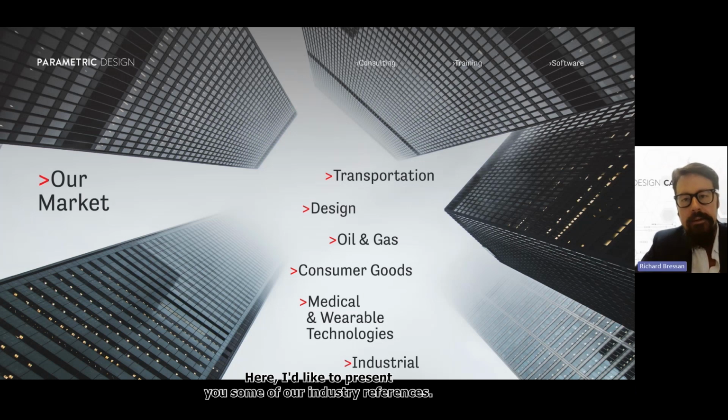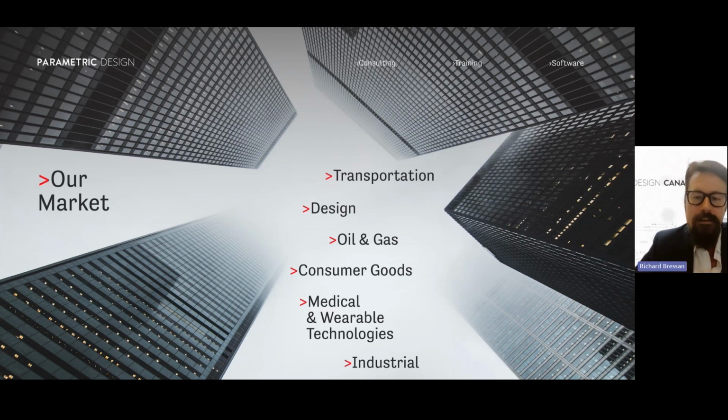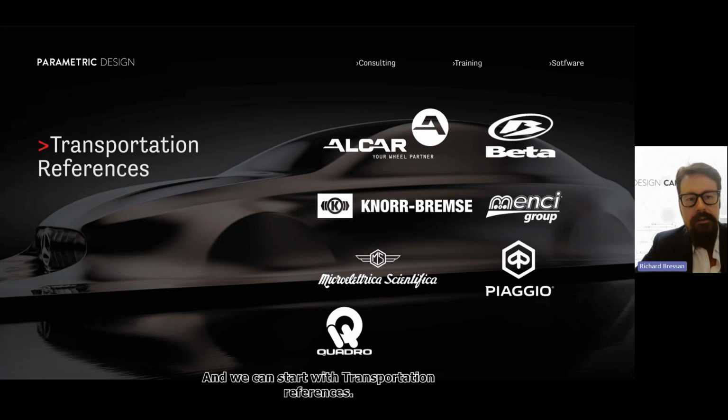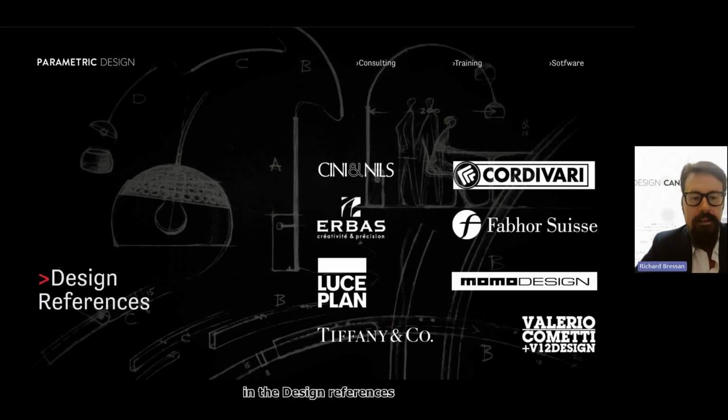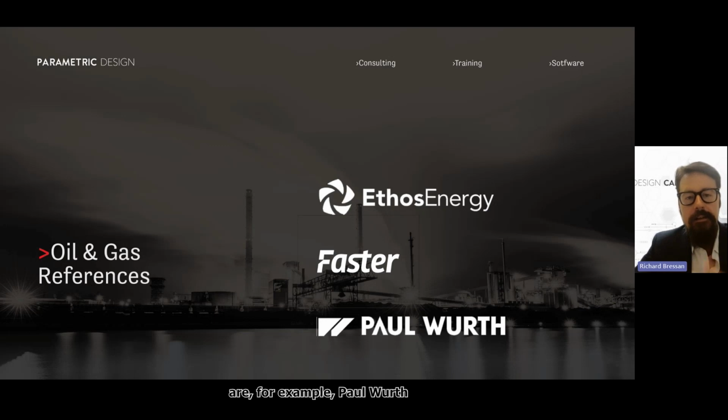Here, I'd like to present some of our industry references, and we can start with transportation references. You can recognize names such as Piaggio, for example, or Beta Motors. In the design references, we have Tiffany & Co. and Momo Design, for example. The oil and gas references are, for example, Paul Wurth, who doesn't know this company.